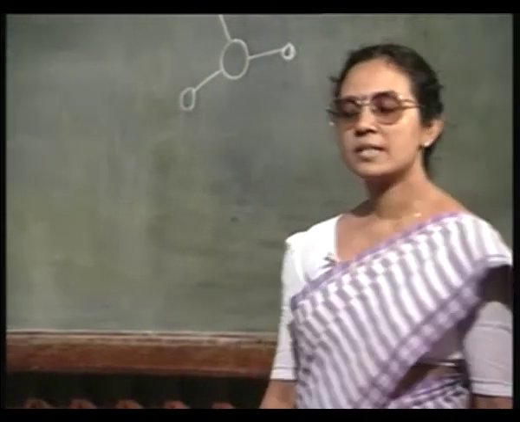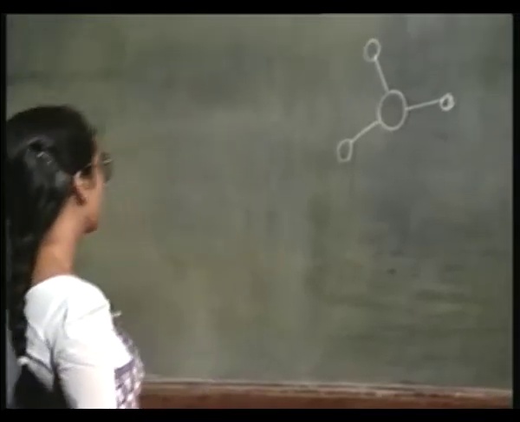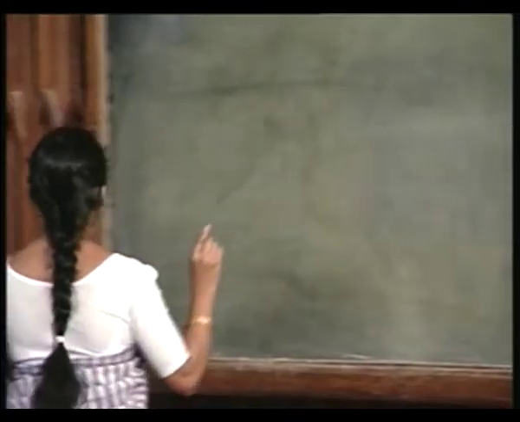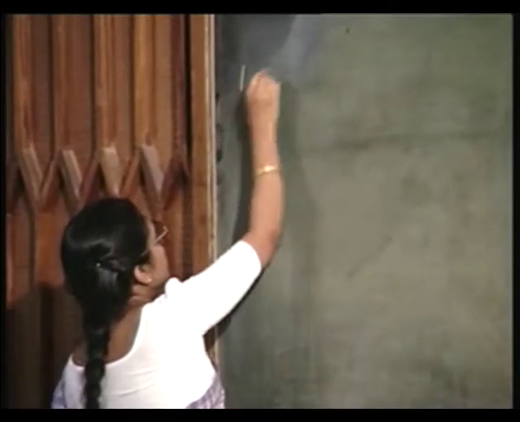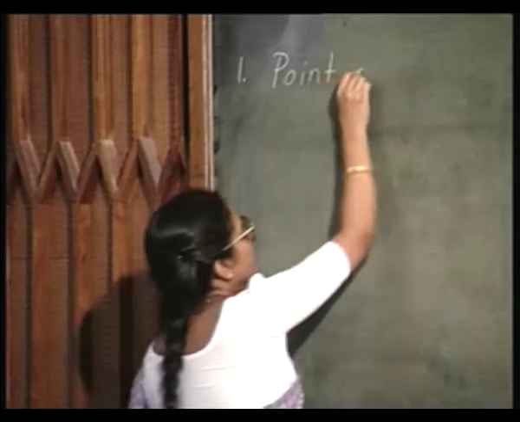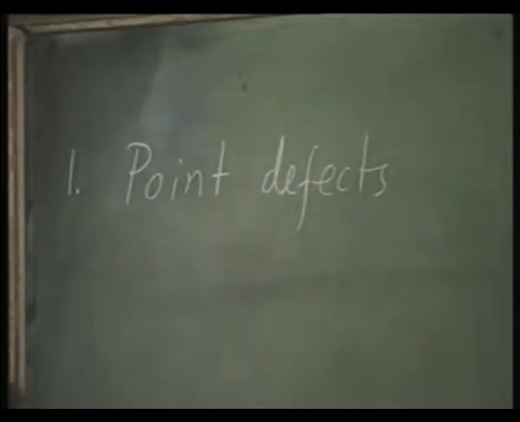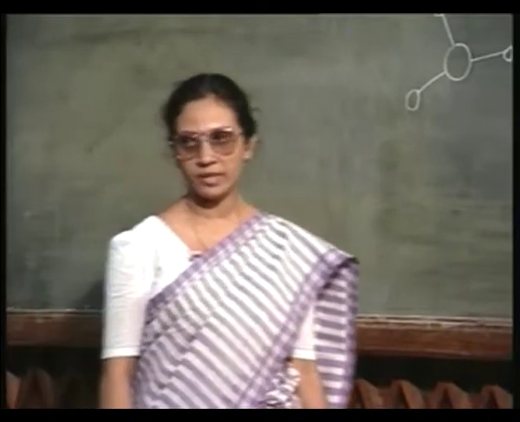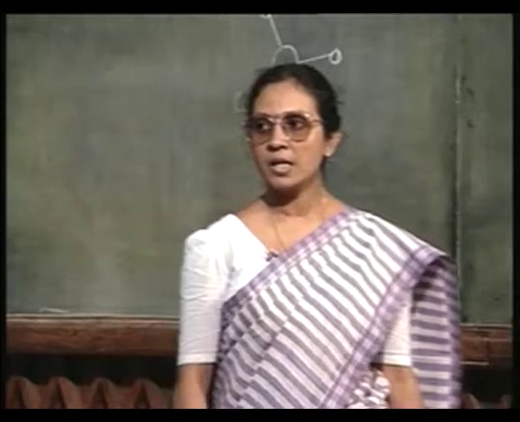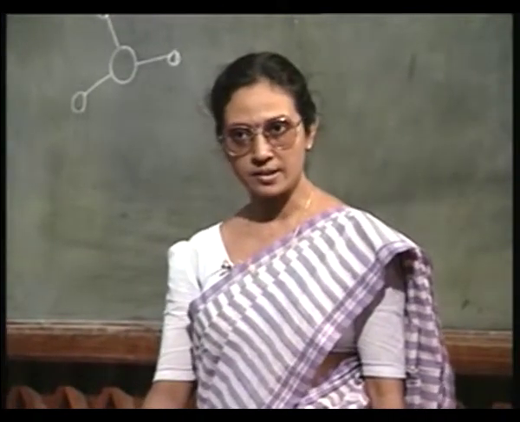The defects in the crystal can be classified as, first one, point defects. As the name itself suggests, point defects are isolated defects scattered inside the crystal.